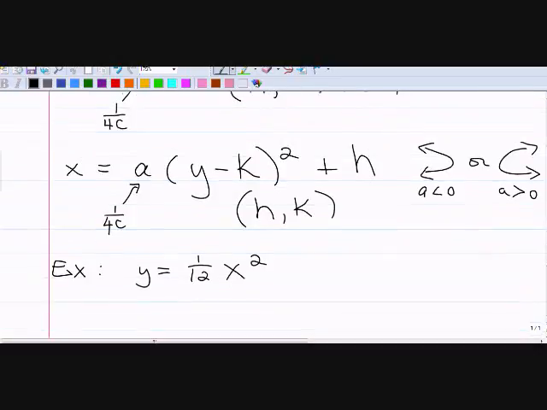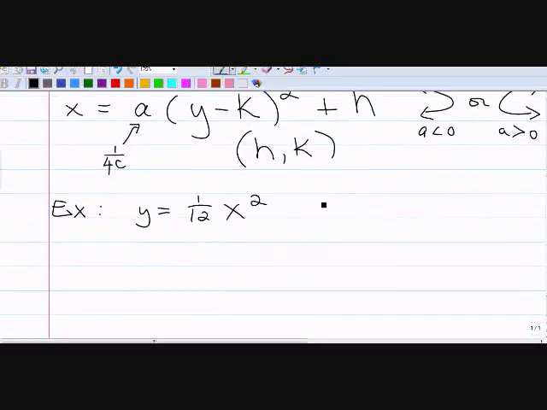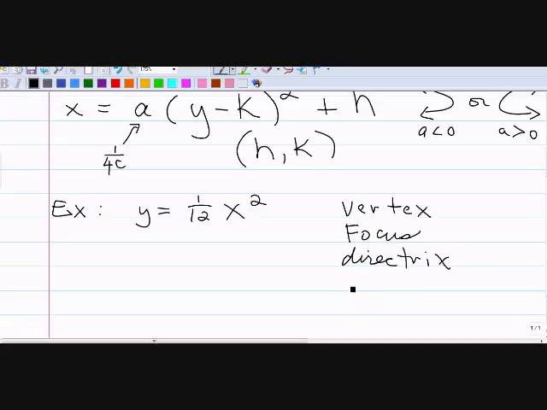What we're going to do for all of these is to find the vertex, find the focus, find the directrix, and sketch a graph. And I tend to sketch the graph fairly early on.